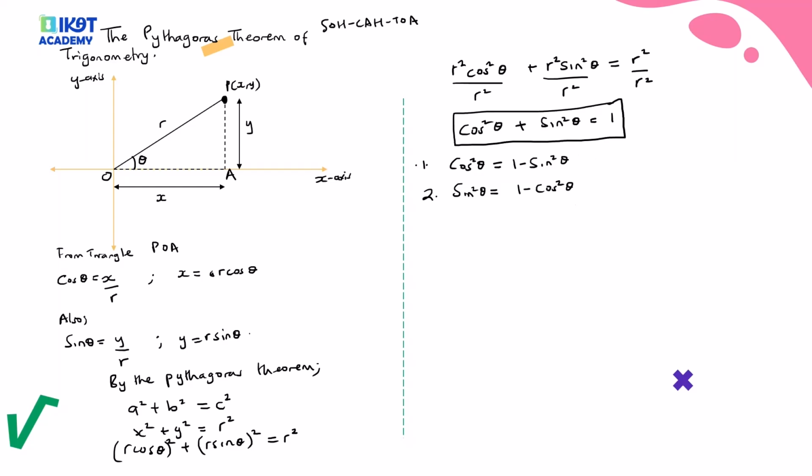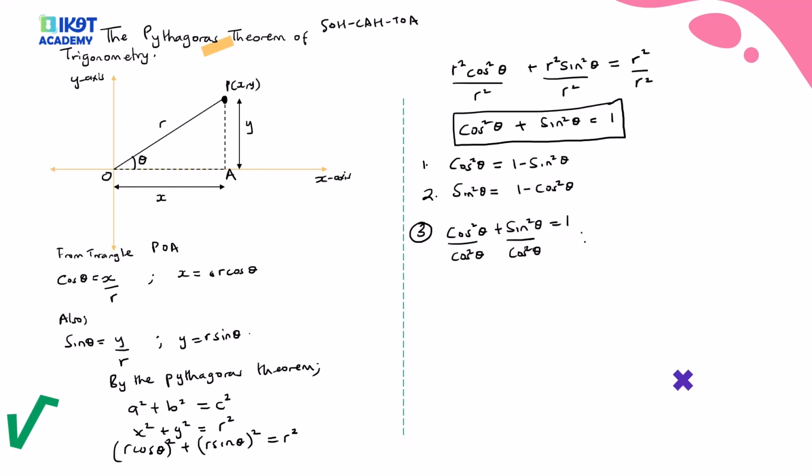For the third one, when you have cos squared theta plus sine squared theta is equal to 1, we divide through by cos squared theta. So what do we end up having?